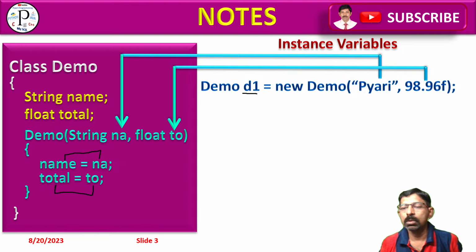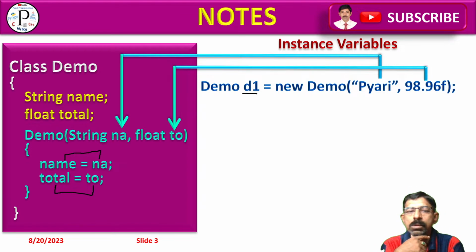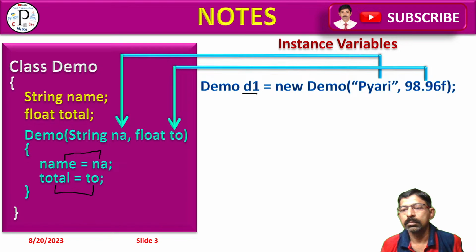Up to this, understood? So phase by phase we will go. Tell me, up to this you have understood? Got it? Sir, non-static instance variables have a separate copy.